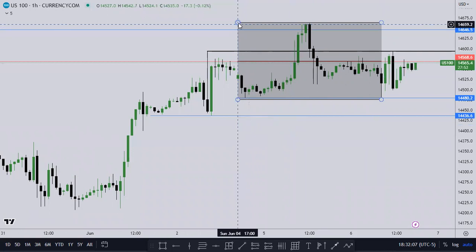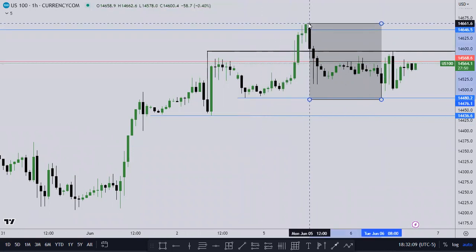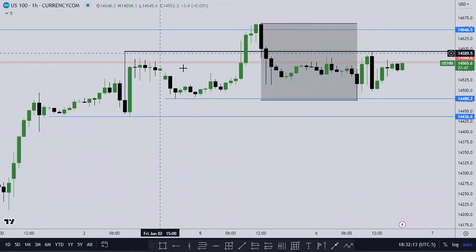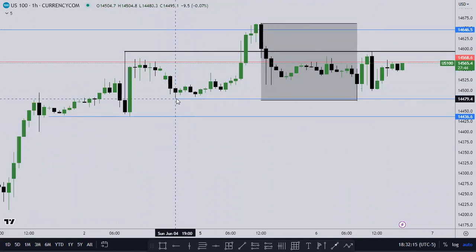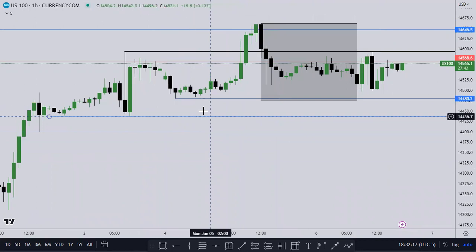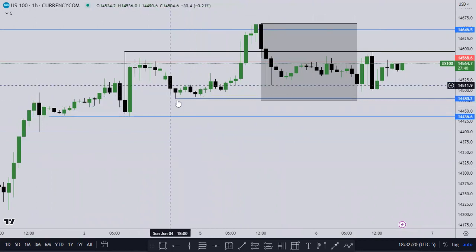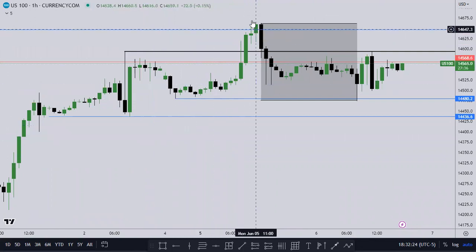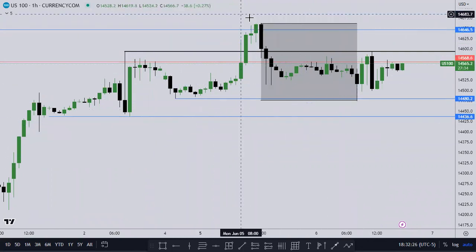The low that was formed at 8 o'clock here, creating overnight session low. So the moment we saw this previous daily low being swept, that becomes your dealing range.